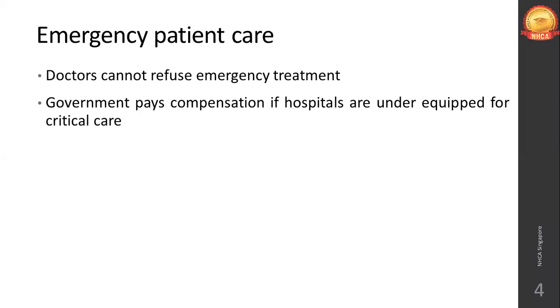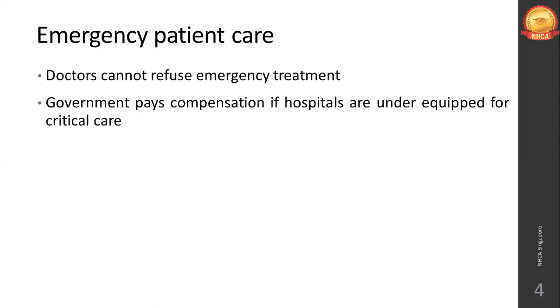Even government hospitals, public hospitals do provide emergency care, and the medical officers and doctors who are appointed by state or central government in these hospitals have to provide emergency care. If the public hospital or the government hospital is not able to provide emergency care, then the compensation for that particular case is paid by the government, because the government is liable to make sure these public health hospitals are well equipped for all types of critical care practices.